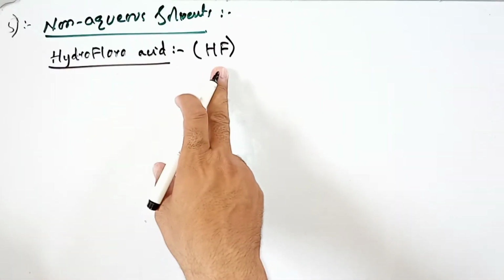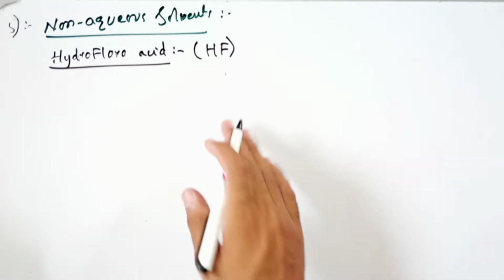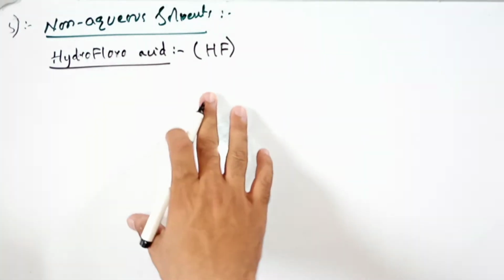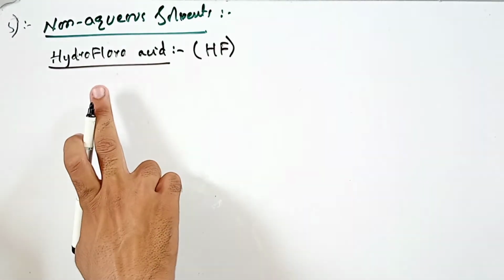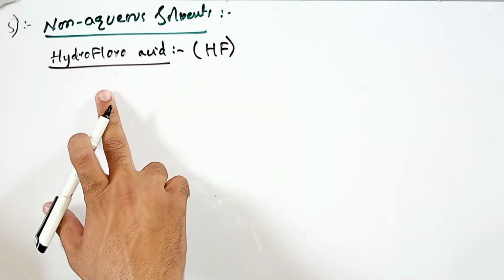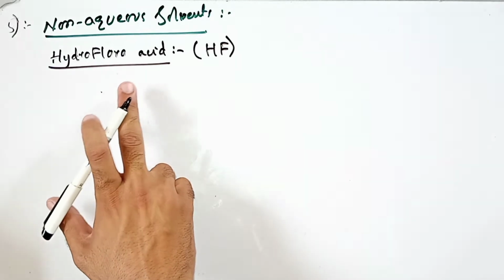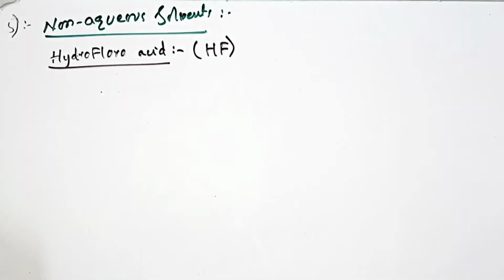Other than water, solvents are called non-aqueous solvents, as I told you in the previous lecture. We will discuss all the characteristic properties and reactions of hydrofluoric acid, HF. So let's start.